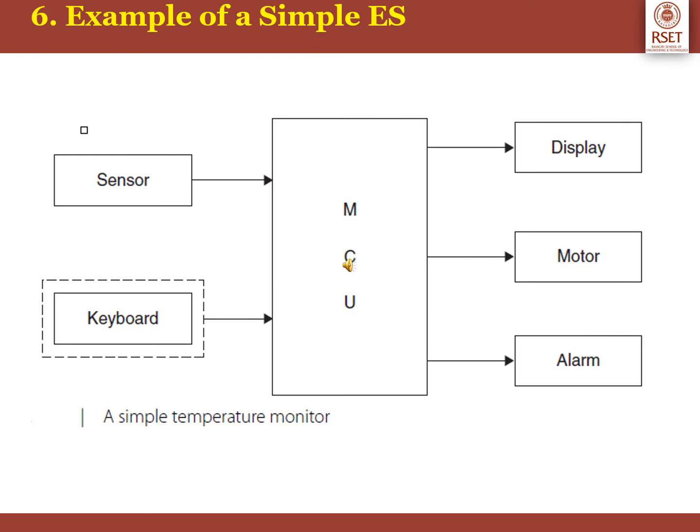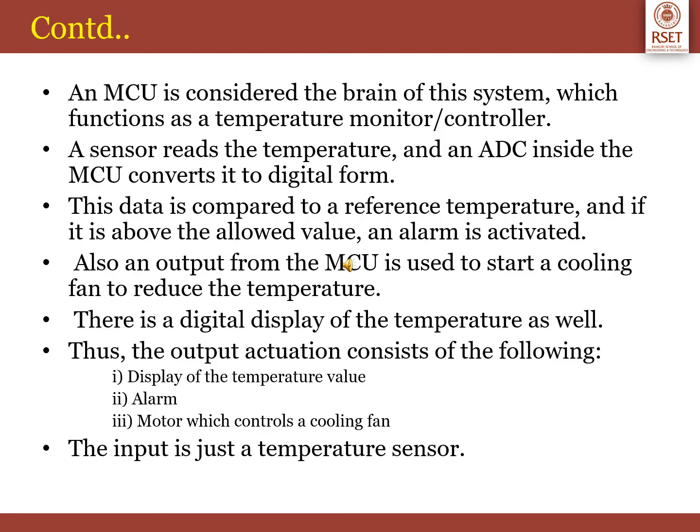The figure shows a simple temperature monitor. An MCU is considered the brain of the system, which functions as a temperature monitor or controller. A sensor reads the temperature and an ADC, analog to digital converter, inside the MCU converts it to digital form.